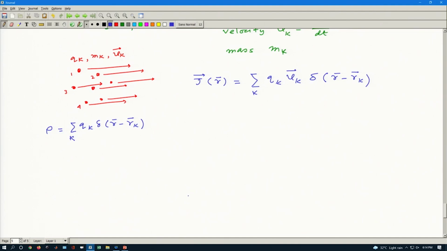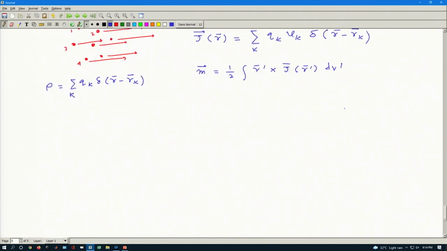So the magnetic moment, as I already mentioned, is half integral r cross j of r prime dv prime. This is a general form in terms of current density.